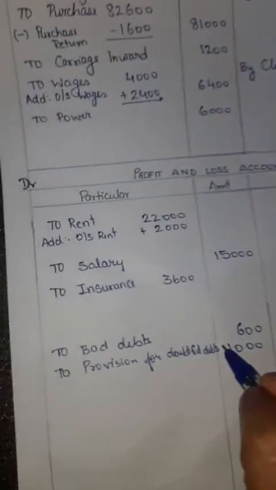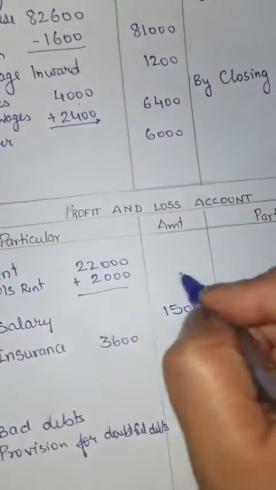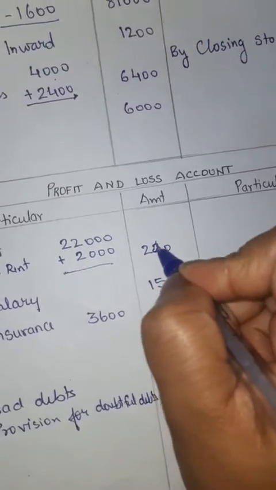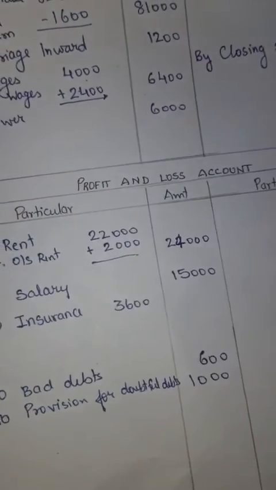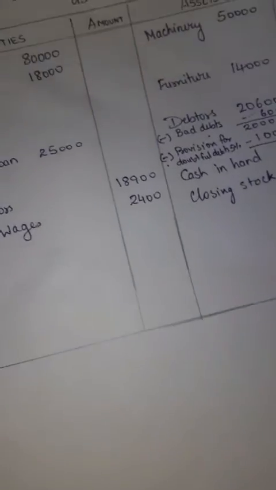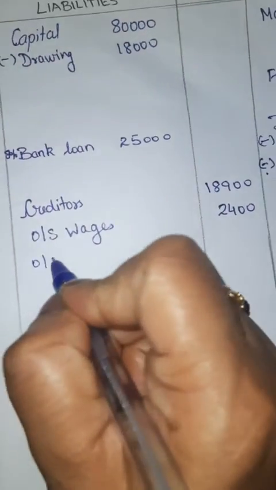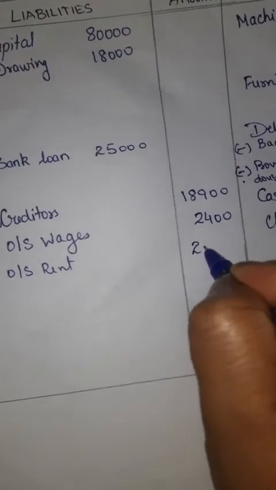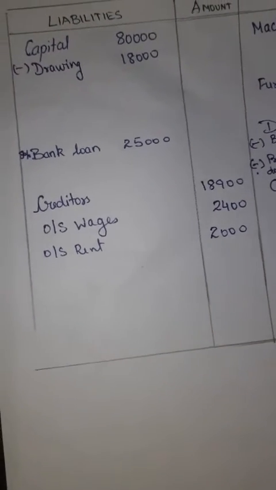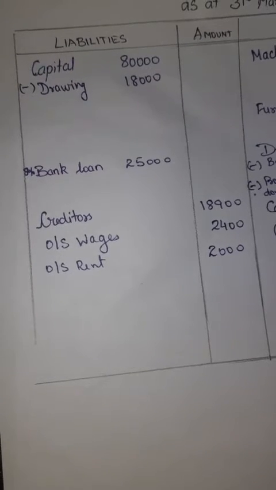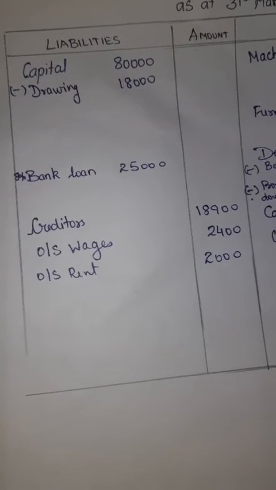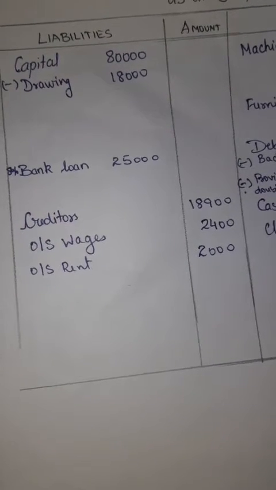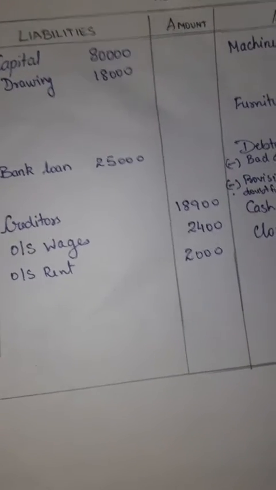So the total amount to be shown in rent is 24,000. And the second effect is, as you know, outstanding rent is shown in the liability side. The amount is 2,000.